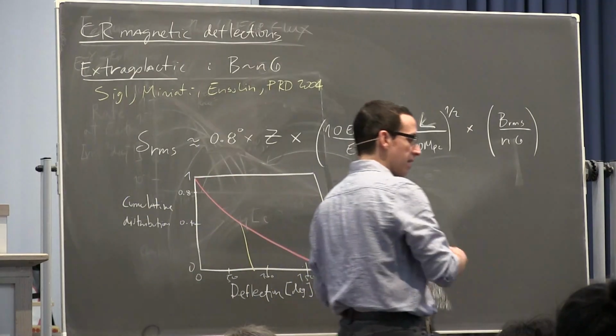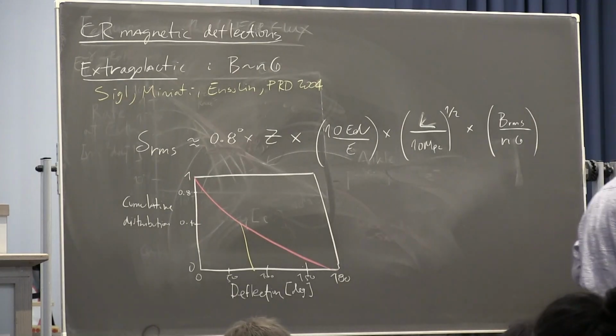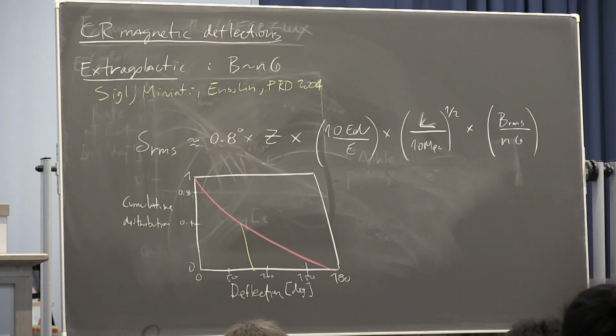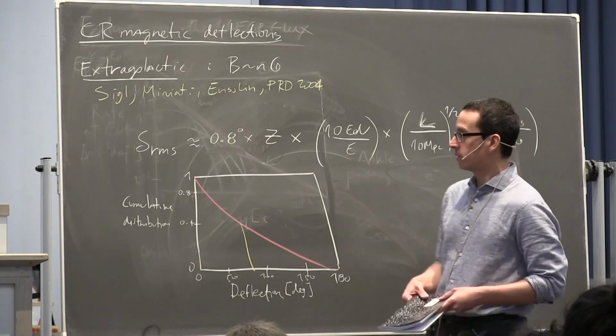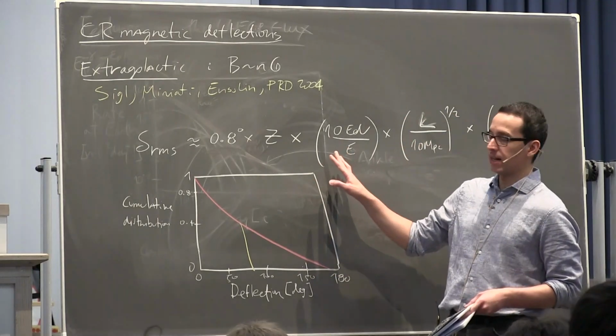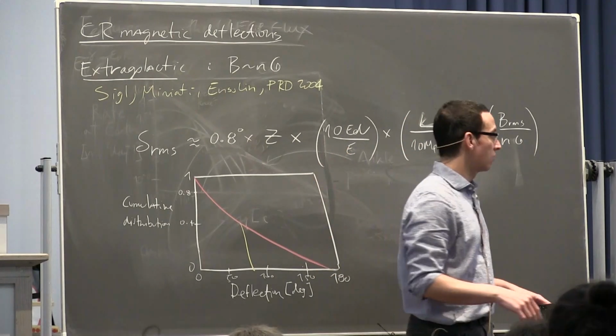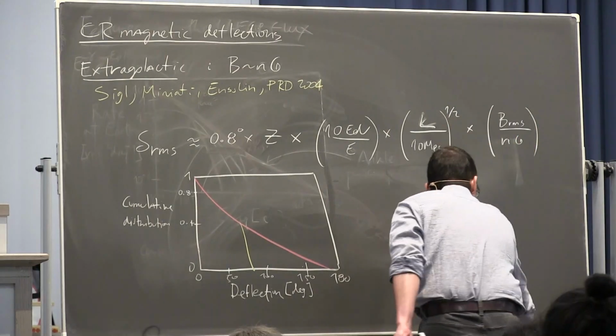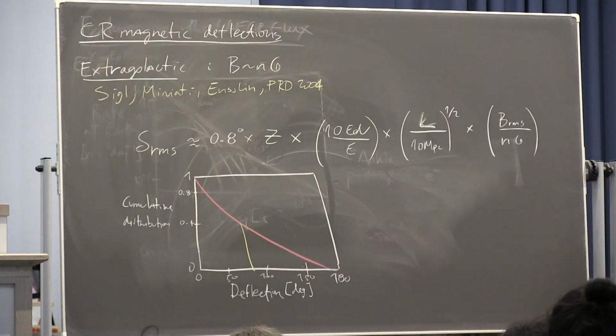So what I was saying is that even for a proton, you have a sizable chance that it no longer points at its original direction just from the extragalactic propagation. And then on top of that, the Milky Way itself has a magnetic field, and that introduces a second source of magnetic deflections, which worsens the problem.